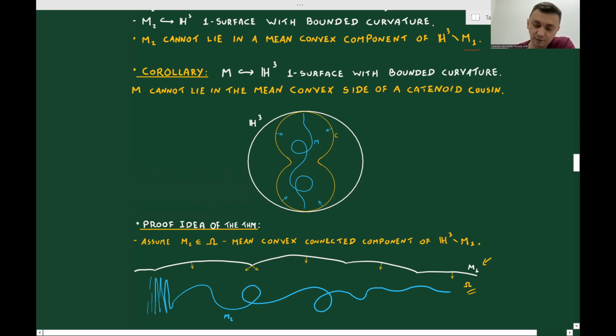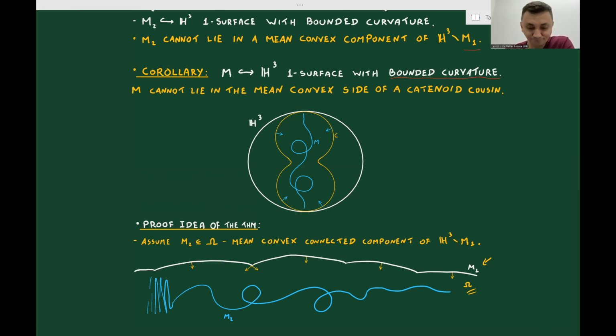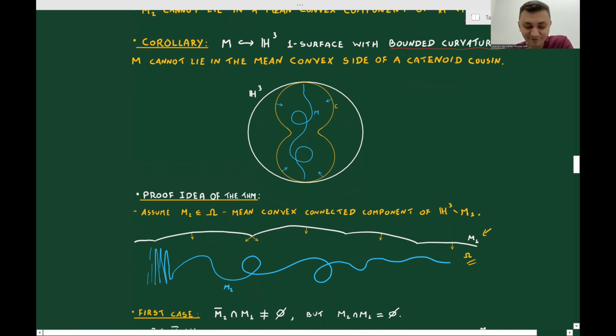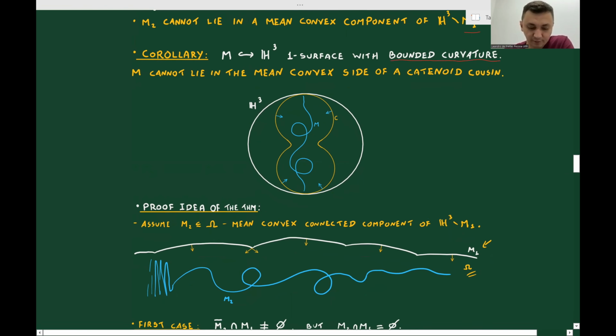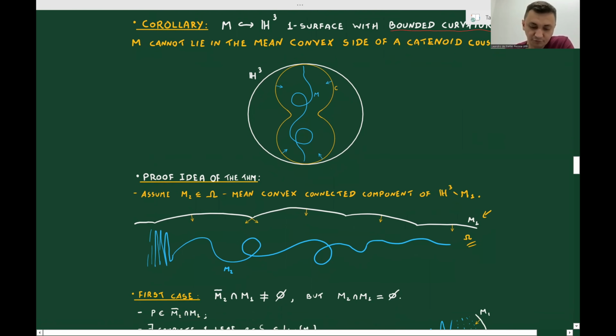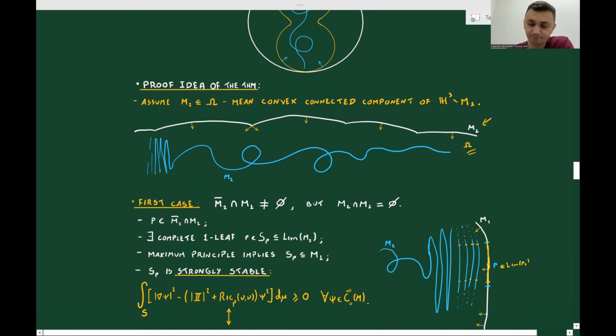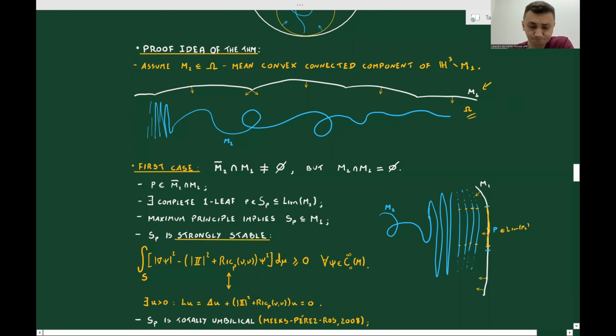Instead of being proper, we just consider that the surface has bounded curvature. Okay, it's a really good corollary, which I enjoyed a lot. And let's see just a little proof idea of the theorem. So how to prove that?